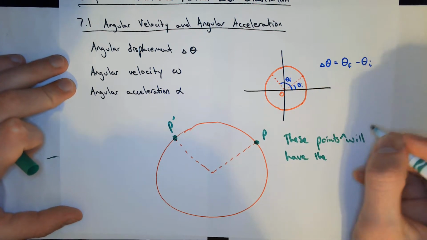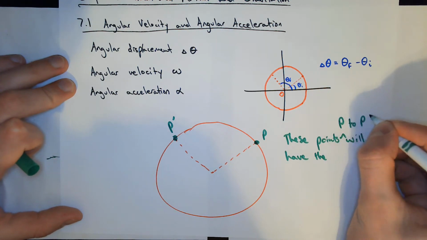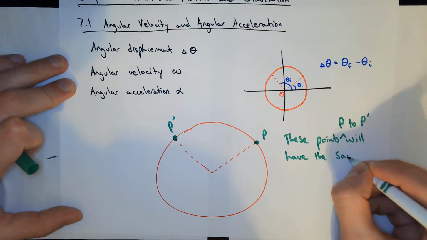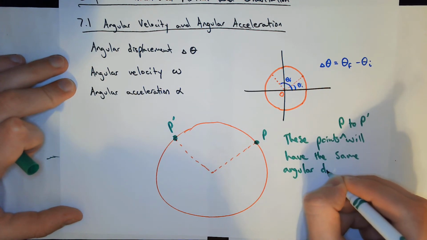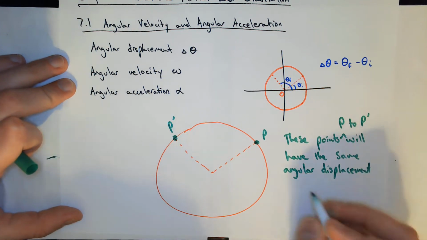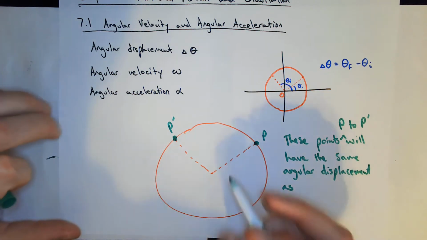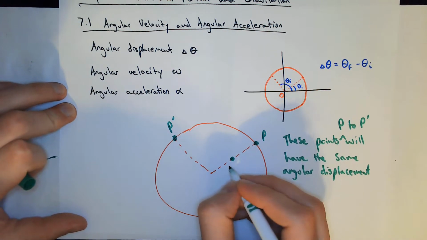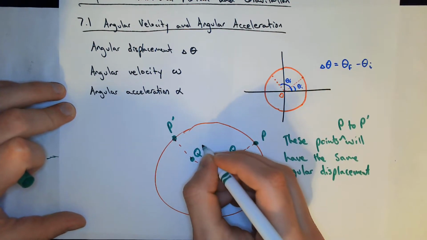I should say these points P to P prime will have the same angular displacement as, and then I'll draw some new points, now I'll just use the same color, maybe this point Q to Q prime.